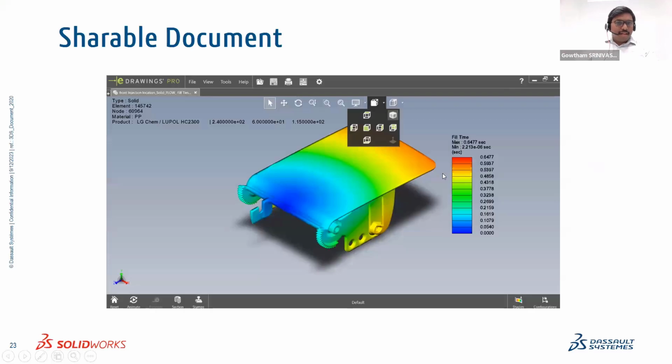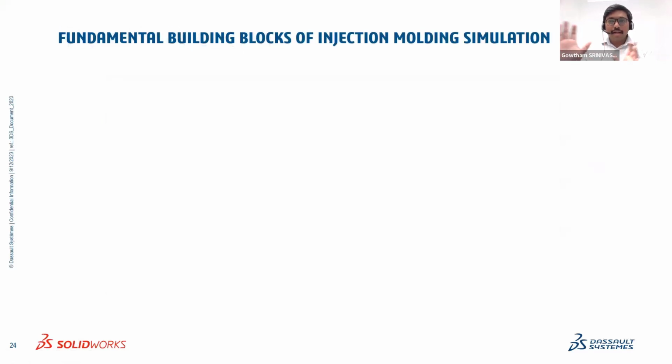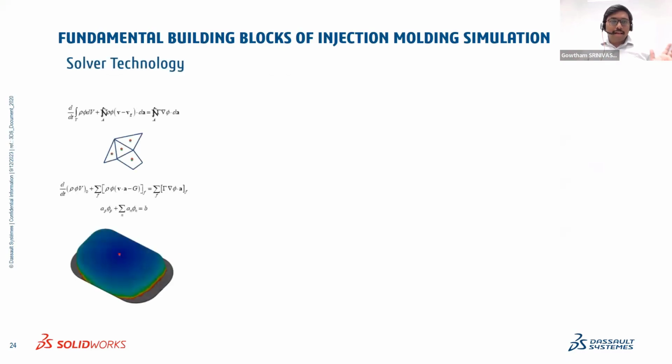Okay, so you can see how we validated and communicated the results with each other. But for every injection molding, there are some building blocks. First, we need to look at what solver technology we are using, because the solver technology, or the equations, are built to predict how molten plastic is molded inside our cavity.